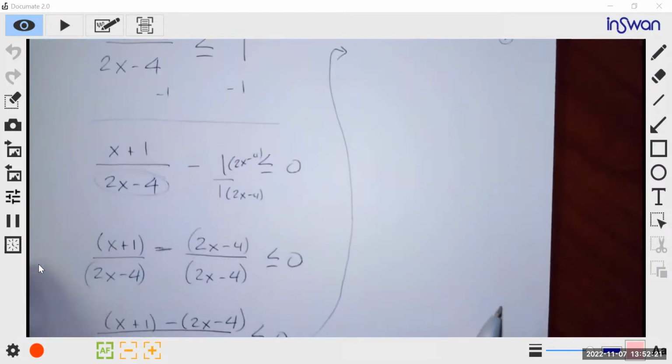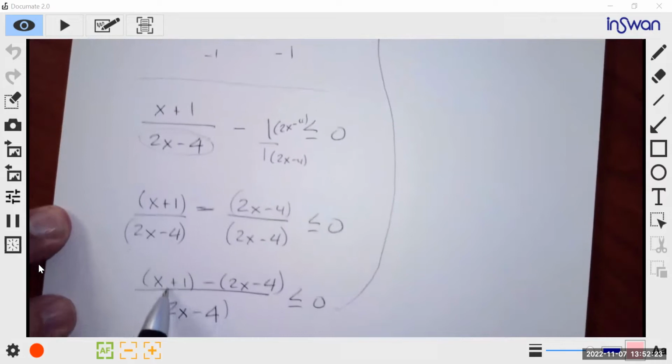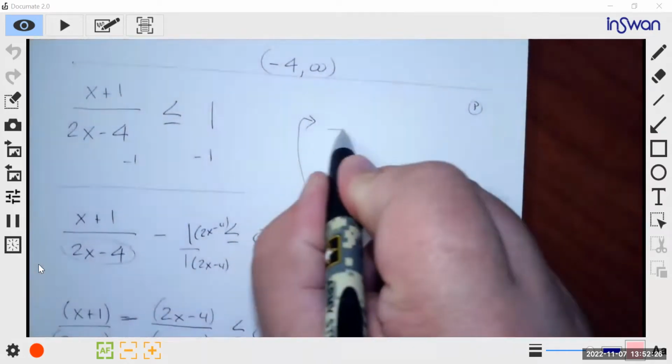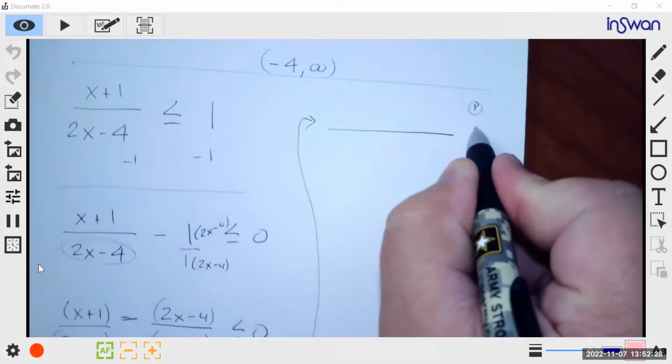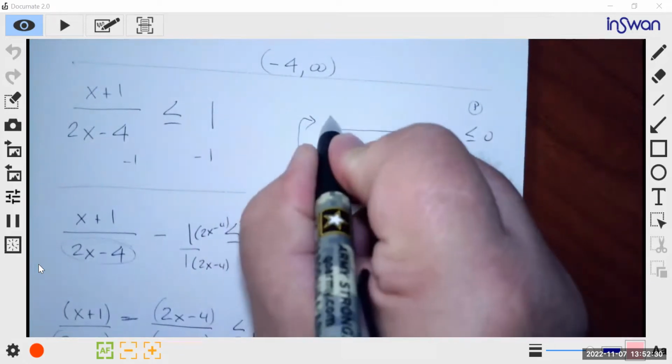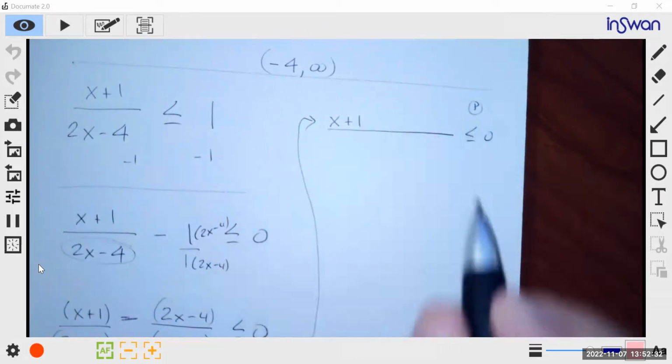Let's work the first parenthesis: I don't need it, I could drop it. X plus 1.